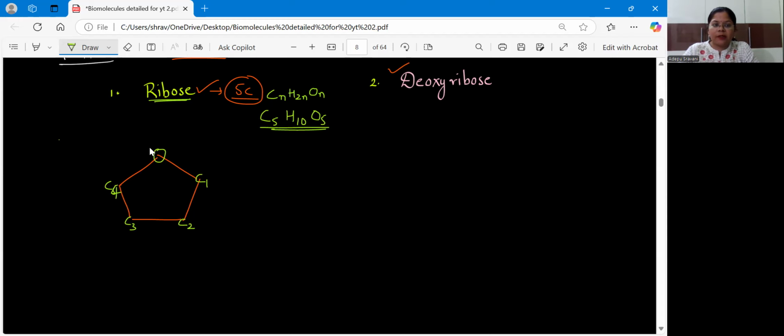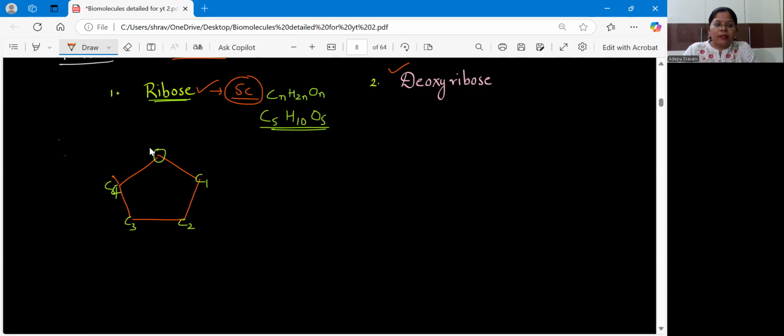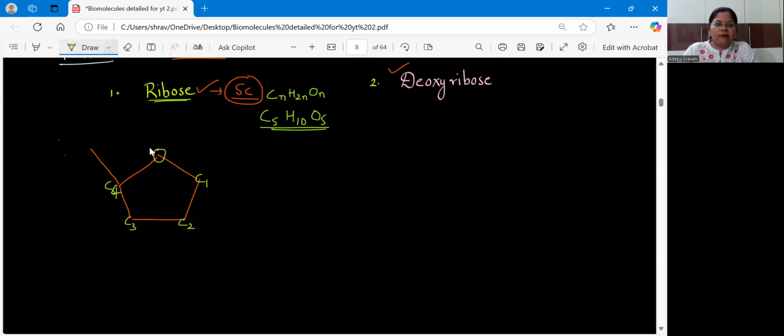That 5th carbon will be outside the ring, somewhere here, just like a flag. This oxygen I have drawn will be something like your head. C1 and C4 will be like your shoulders, and C4 will be like a hand holding your flag. So C1, C2, C3, C4, and C5 will be outside the ring.